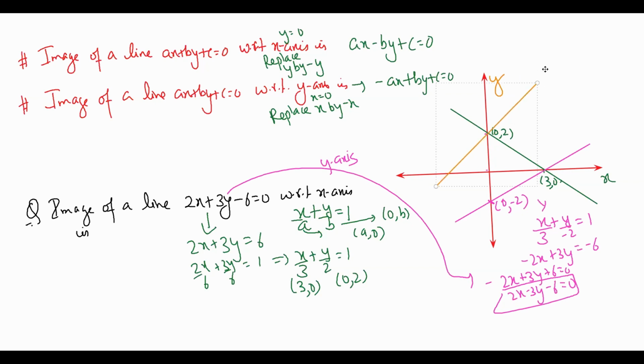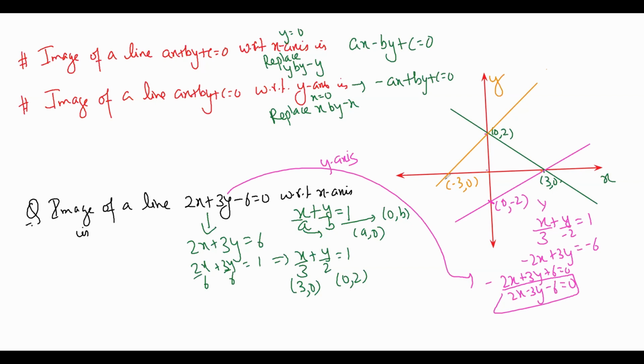The concept is that it must pass through (0, 2), and this image must pass through (-3, 0), because the object is passing through at a distance of 3 units on the right side of the origin.